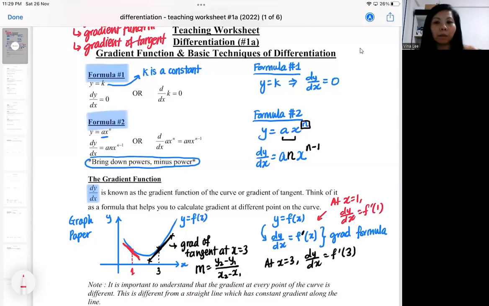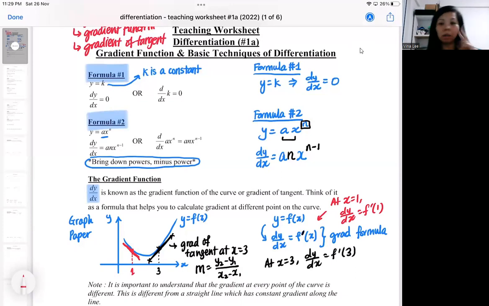Once I get the formula, I can plug in any x and find any gradient that I would like. But in the e-math part, whenever you want to change the coordinate, you will have to redraw and recalculate. So we are coming out with a gradient formula with the basic formulas.